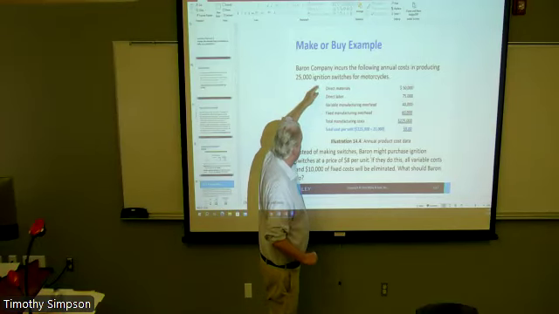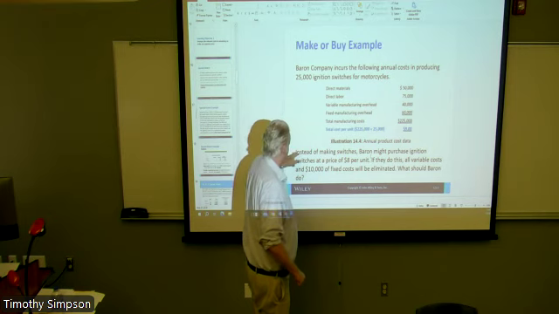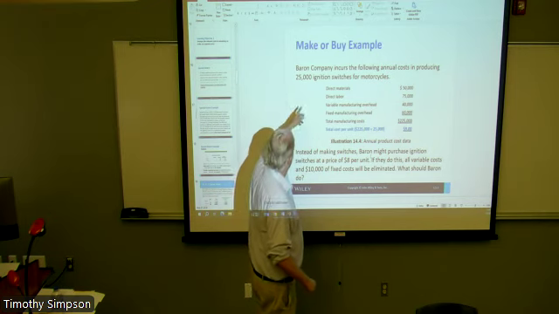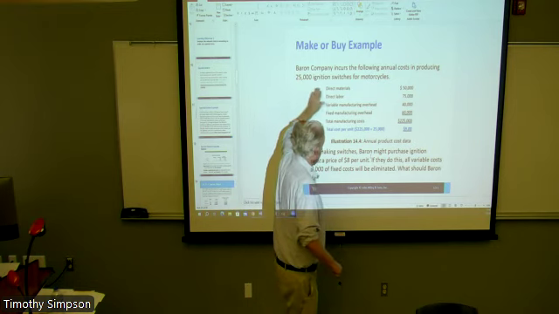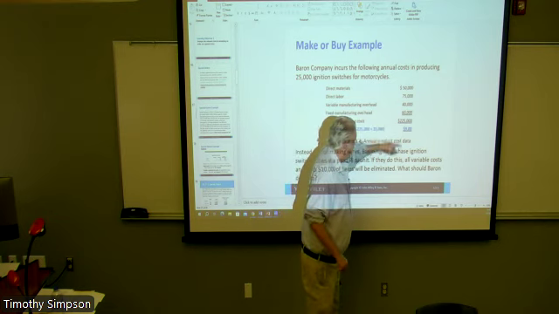So in this case, we have the total manufacturing costs based upon this scenario of making 25,000 units: 225,000 divided by 25,000 is $9 per unit.